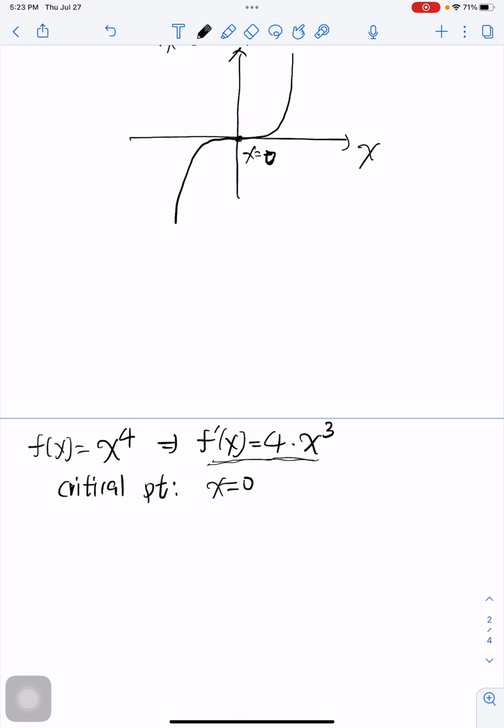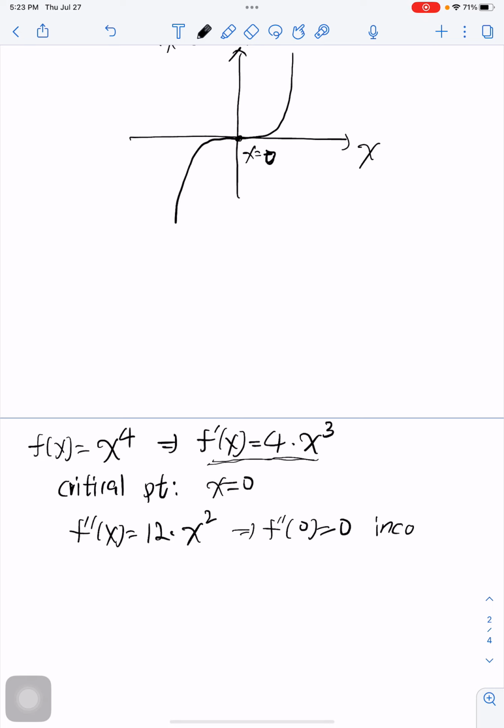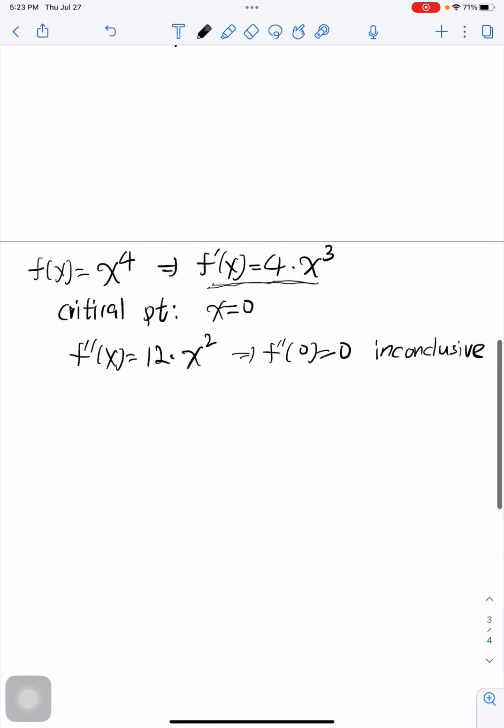So x equals 0 will be your stationary point. And then f double prime of x will be equal to 12 times x squared. And unfortunately, we have f double prime at 0 equals 0. So we have an inconclusive situation when you are applying the second derivative test. Okay, so let's try to apply the first derivative test.